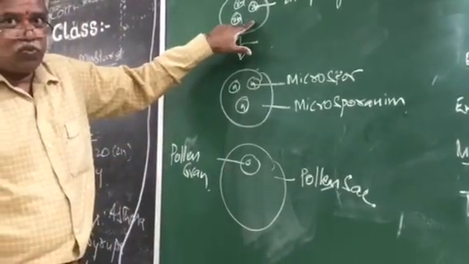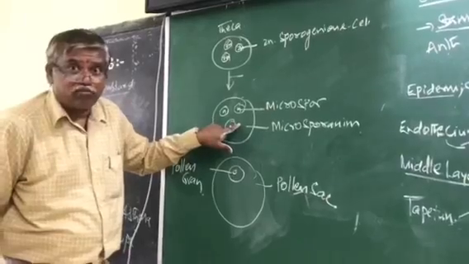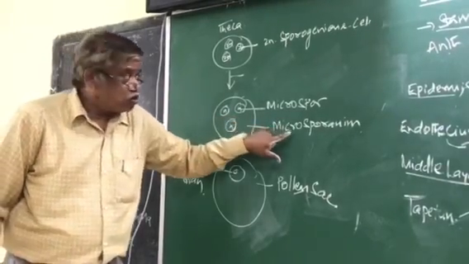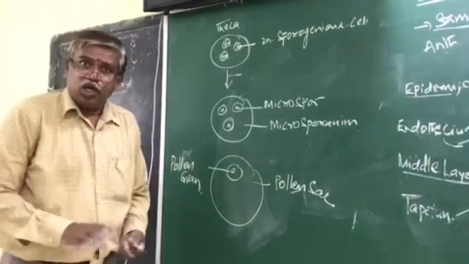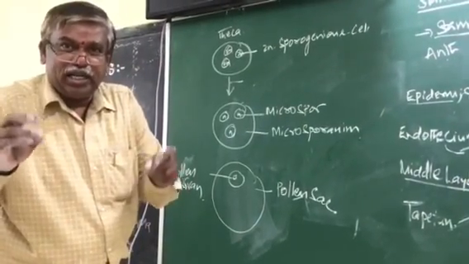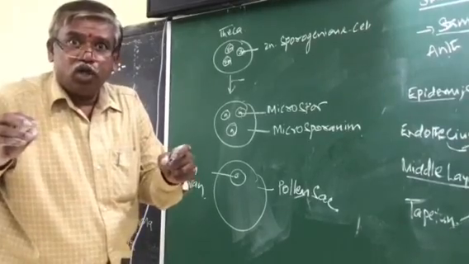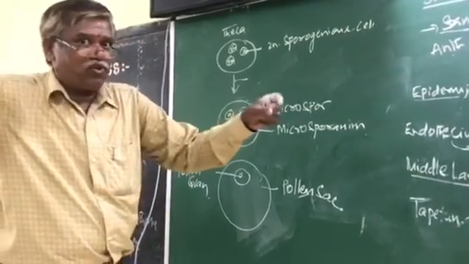So initially this place is called theca. In the middle of the time, it is called microsporangium. It is also called pollen sac. That means the same place we are calling by 3 different names at different times.